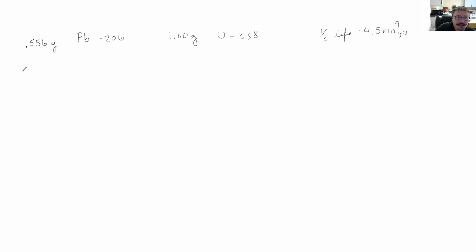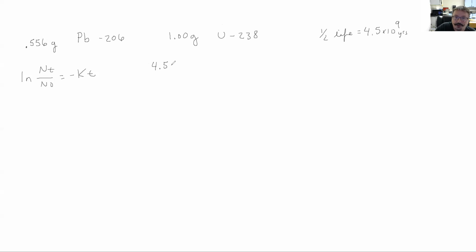So we're going to use that same equation: ln of N_t over N_0 equals negative k times t. And what we're going to do is solve for t. Let's start with the half-life and the equation for half-life, and we can hopefully find k from that.